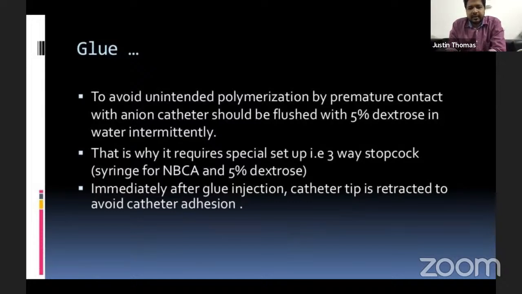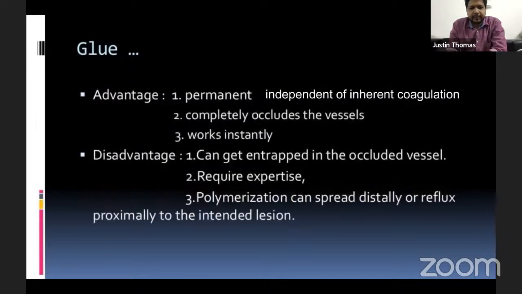And due to its quick action, the catheter tip should be retracted to avoid adhesion of the catheter to the NBCA. So the advantages of glue include it is a permanent occluder, and it will not depend on the patient's coagulation status, and it can completely occlude vessels and act very quickly.